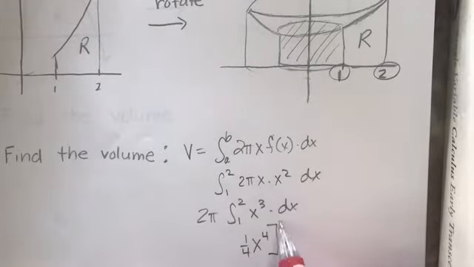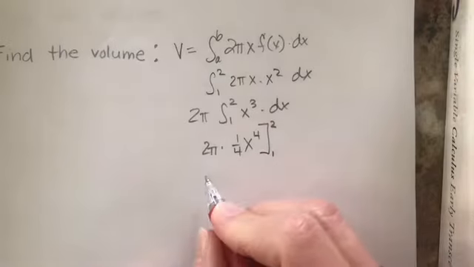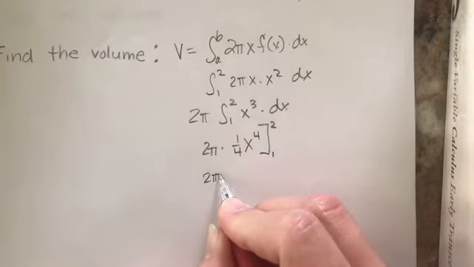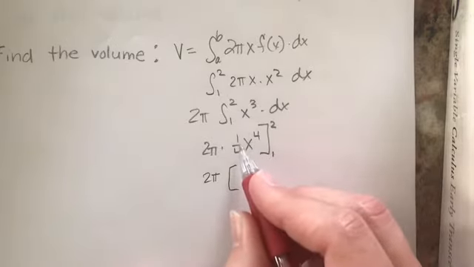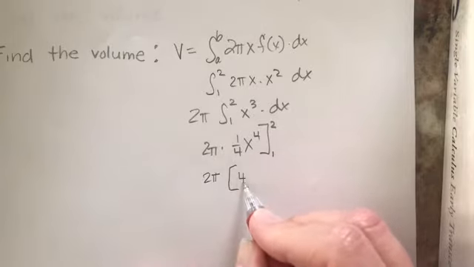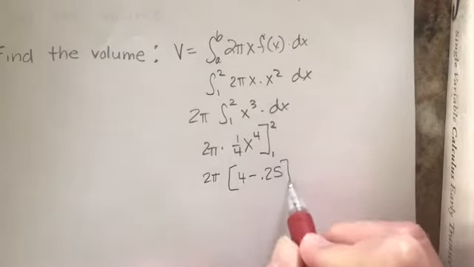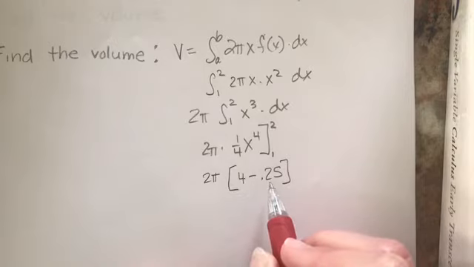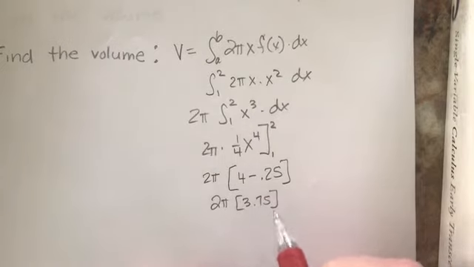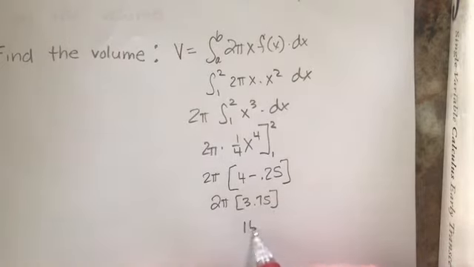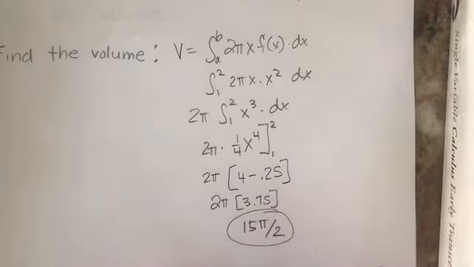We're going to evaluate that from 1 to 2, and we're going to multiply that answer by 2 pi, leaving us with 2 pi times, if we plug 2 into this, we get 2 to the 4th times 1/4, which is 4, minus 0.25, so 3.75, times 2 pi. And if we want to put that in fraction form, it would be 15 pi over 2. If you want to leave it in decimal form, that would be all right as well.